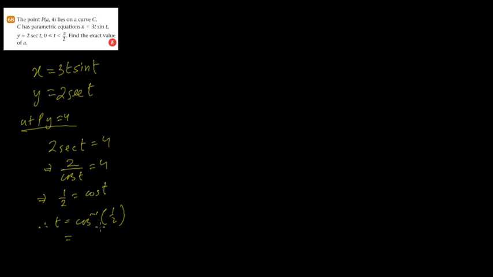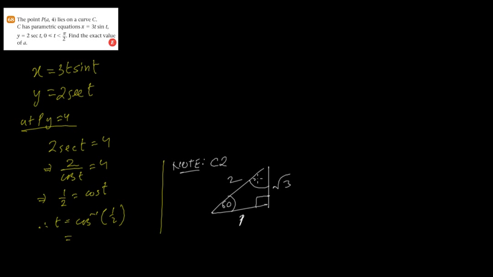Cos inverse of half, if you think about this C2 rule, when we have a triangle like this, this is 1, this is root 3, and this is 2, and this angle is 60 degrees and this angle is 30 degrees. So cos 60 degrees is going to be adjacent by hypotenuse, which is half.